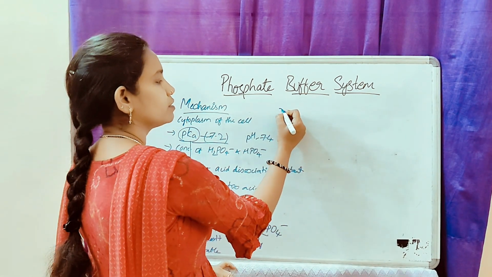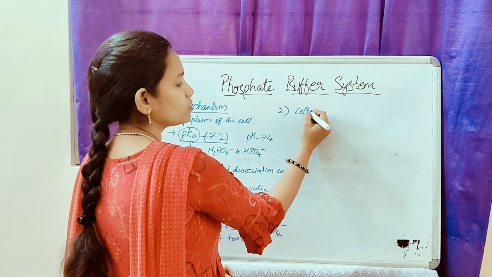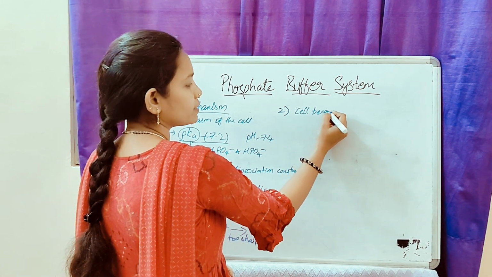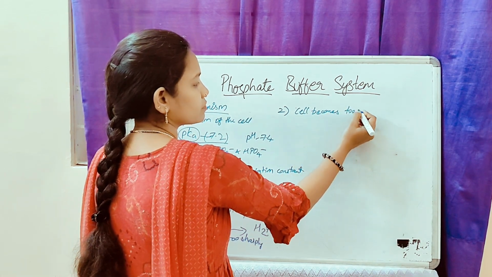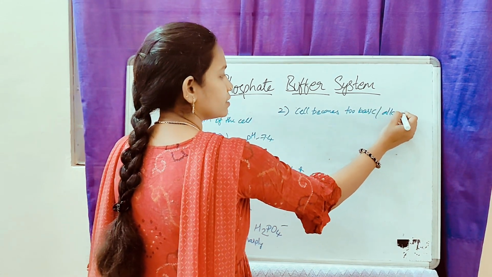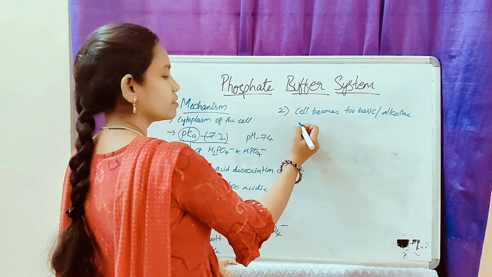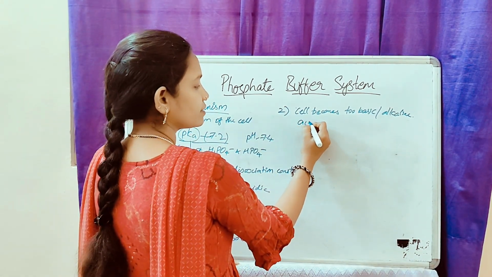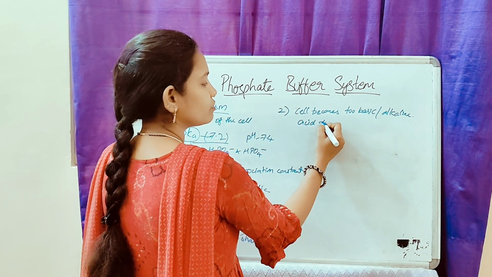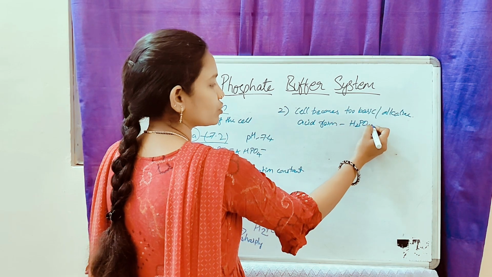Now in the second condition, when the cell becomes too basic or alkaline, here we take the acid form. What is the acid form? Dihydrogen phosphate.